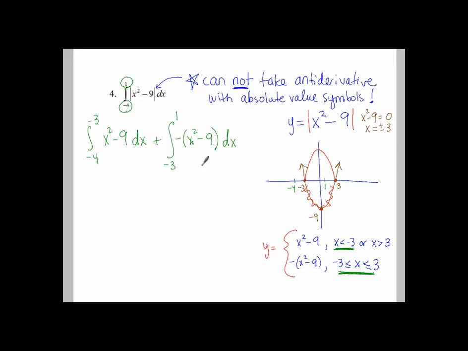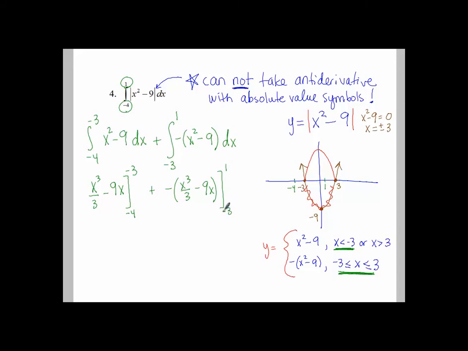And now it's like I have two integrals to solve. So let's go ahead and do each one. First, the antiderivative for this one, x cubed over 3 minus 9x. This one goes -4 to -3. I could finish this, or to not forget that I have this other piece, just continued with the antiderivative portion. So this will be the negative of x cubed over 3 minus 9x, and this one goes -3 to 1.